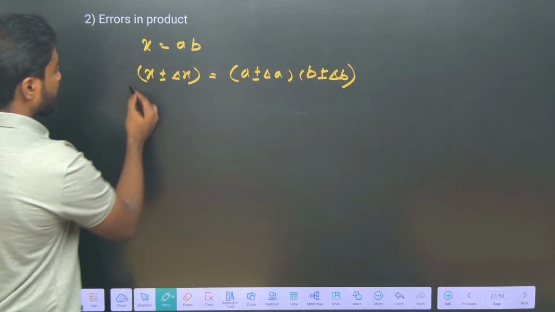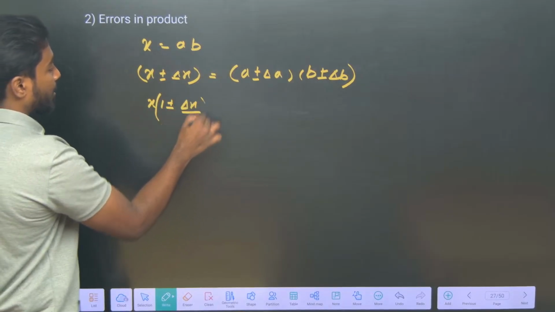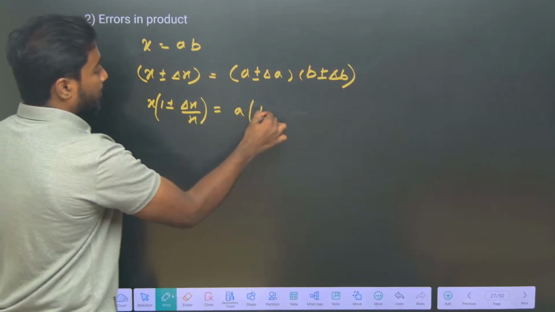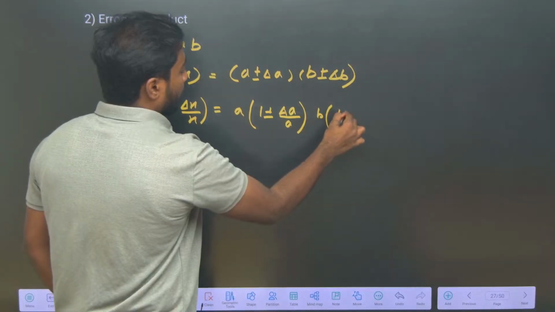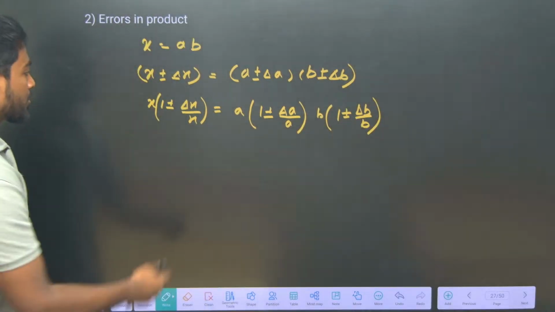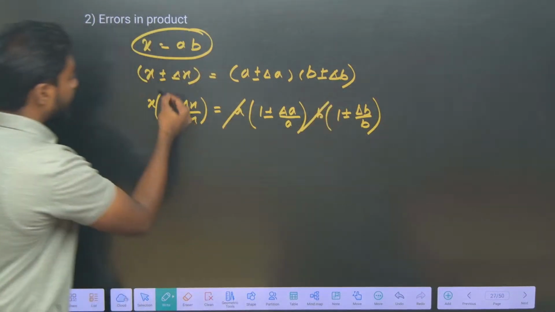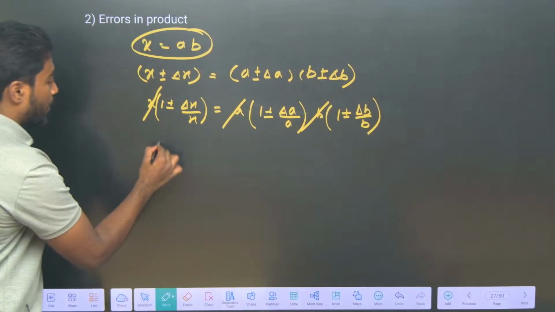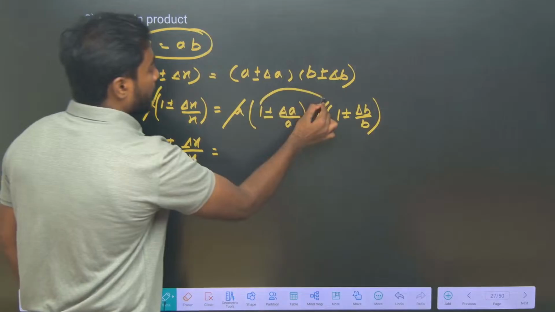From this I am taking x commonly outside. 1 plus or minus delta x by x will be equal to a times 1 plus or minus delta a by a, b times 1 plus or minus delta b by b. So here x equals ab, so a, b and x can be cancelled out. So 1 plus or minus delta x by x will be equal to, multiply it.